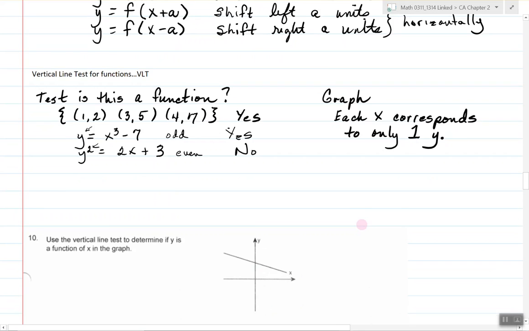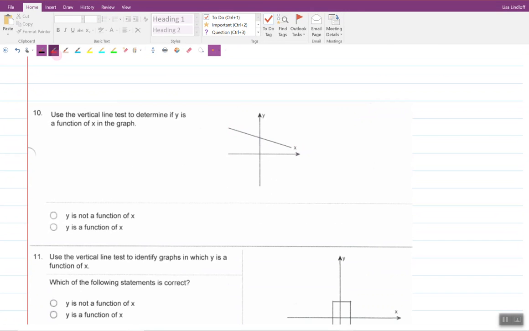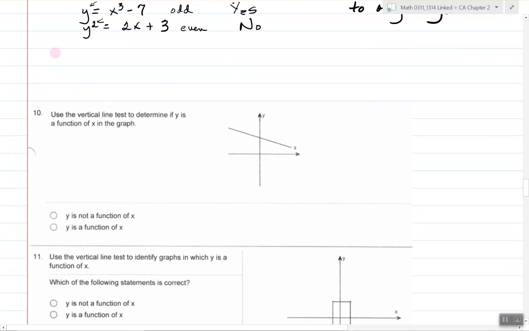All right. So if I look at a graph and I want to know, is this a function? Let me go to red ink. If I look at a vertical line, hopefully you remember that if you had x equals 2, that is a vertical line that cuts through the x-axis at 2.